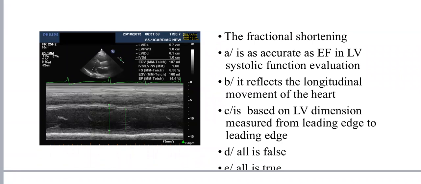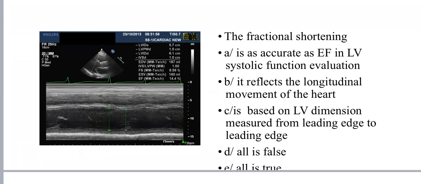So, you know the strain technology we are now using in echo. The strain has actually defined three or four major movements of the heart: the radial movement, the longitudinal movement, the circumferential movement, and the torsional or twisting and untwisting movement.